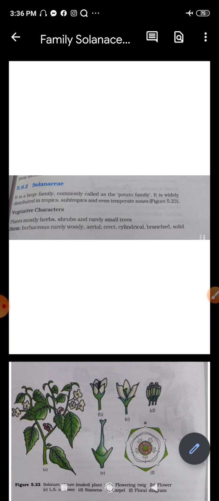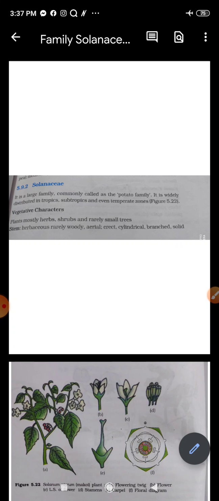And again, here we are continuing with the lesson Morphology of Flowering Plants. In the previous class, we talked about the floral diagrams and the floral formula.